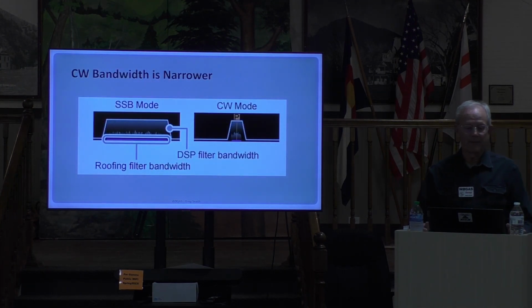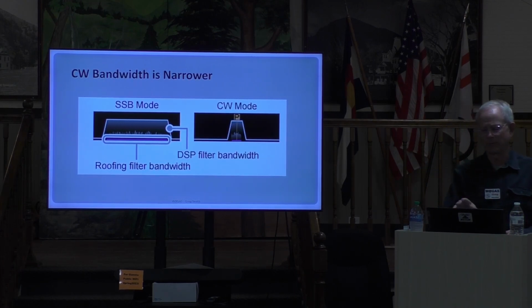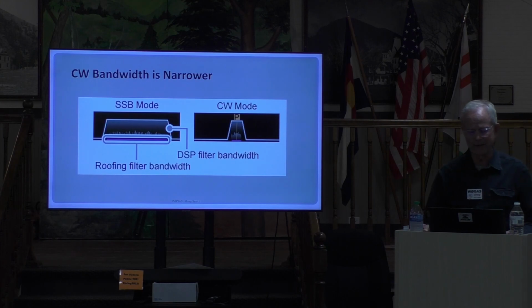So think of how much bandwidth is consumed by your signal. And I couldn't come up with a great diagram of that. This is a roofing filter, which kind of shows you that information. This CW mode roofing filter is set pretty wide for CW.